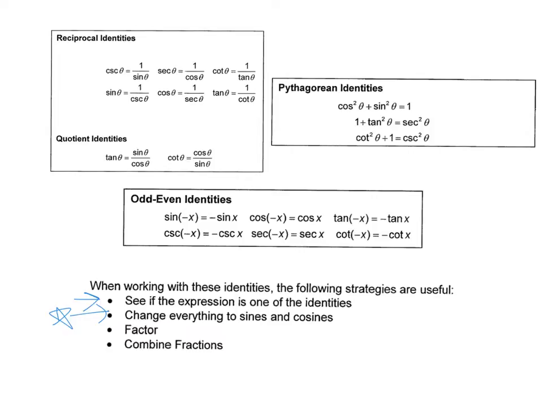If it already is a sine or a cosine, you wouldn't change it. A third strategy that sometimes comes up is to factor, and another strategy is to combine fractions. So go through these strategies, look at each one and see if you can do it, and then after the next step, start over again, look at all the strategies, see if there's one that you can apply.